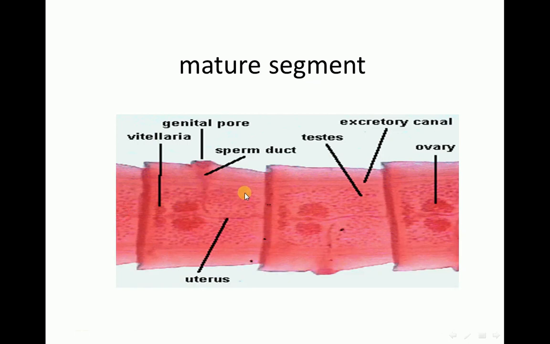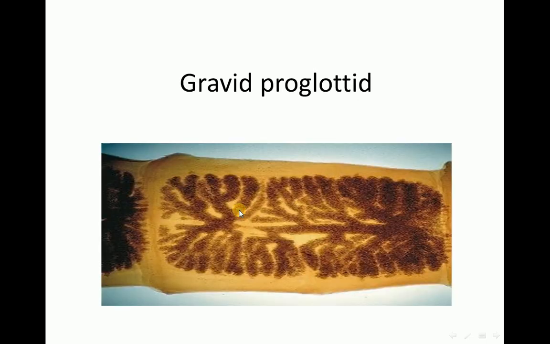Mature segment has the same structure as the mature segment of Taenia saginata. Gravid segment, as we said, contains from 7 to 13 primary uterine branches.